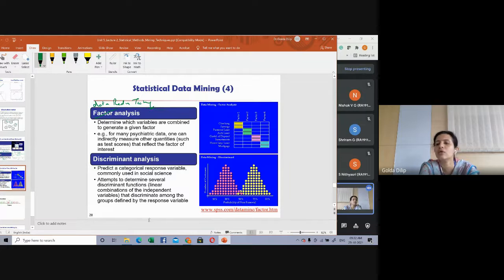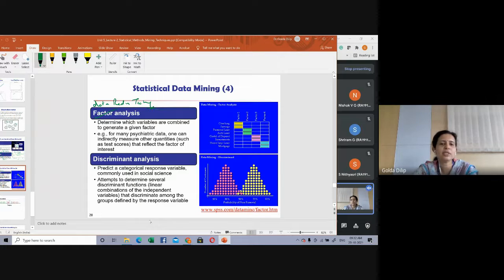We don't want to consider all the variables in that. Factor analysis will condense these factors into fewer variables, whatever is related to that particular work or application. That's what is called factor analysis.